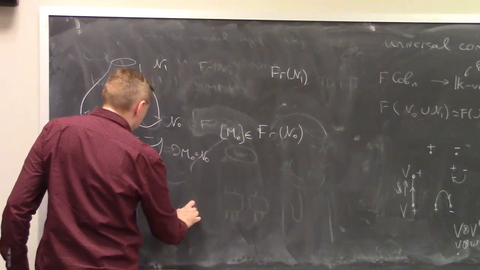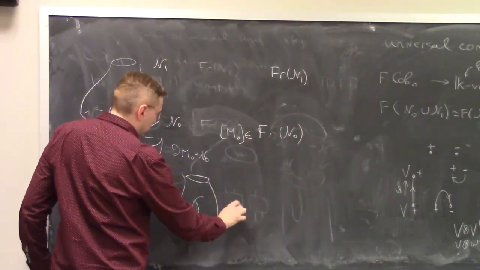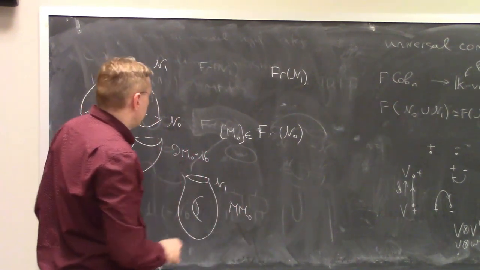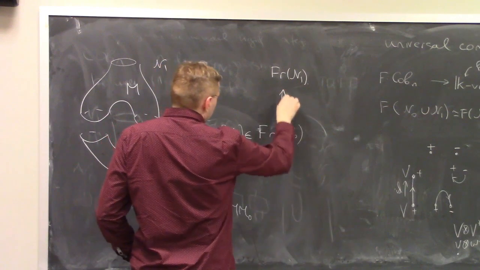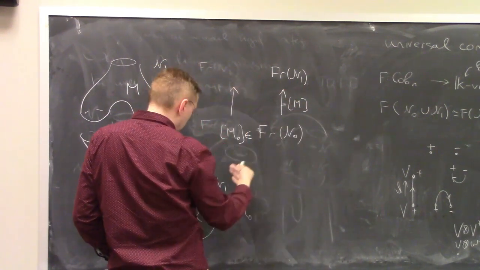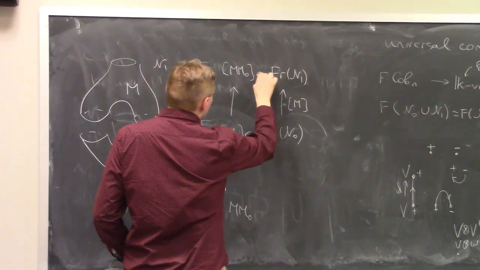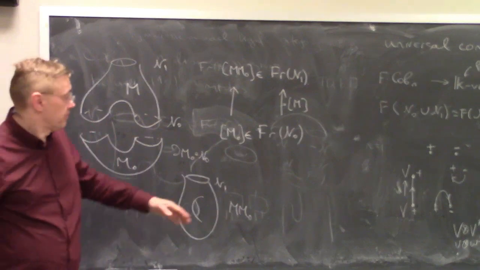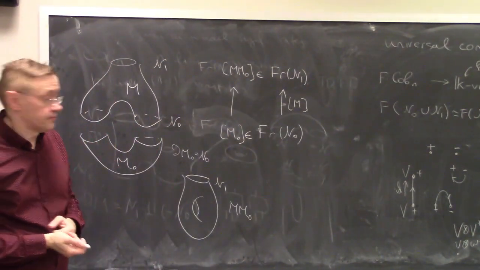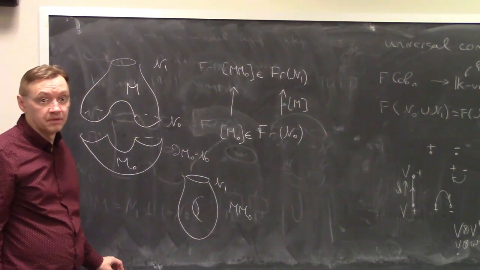We get a manifold M0 glued with M, with boundary N1. So let us set up a linear map here, denoted bracket of M, which takes the symbol of M0 to the symbol of M0 glued with M. So it's a map from basis vectors to basis vectors, and we extend by linearity.